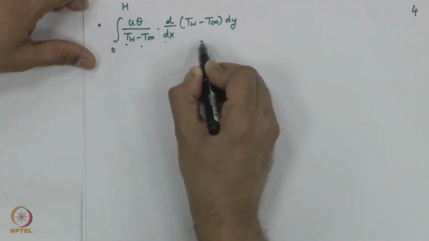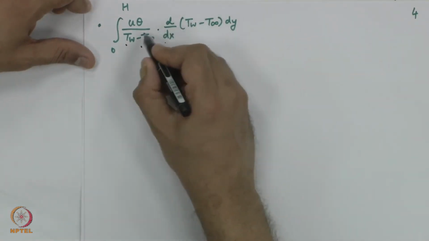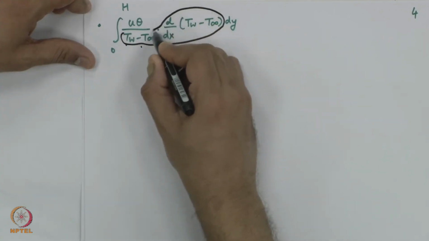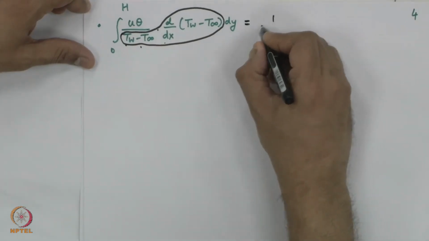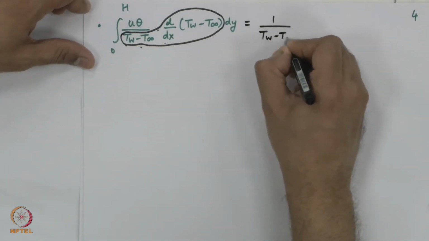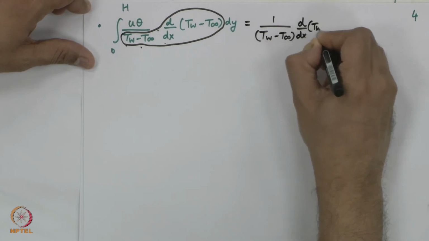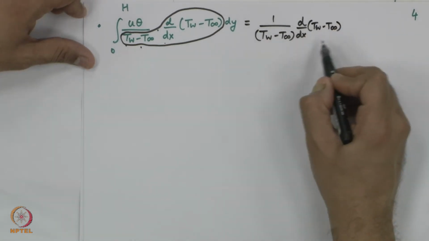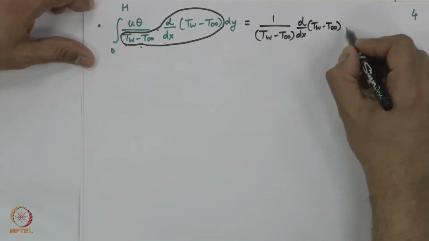D by dx of this quantity is also only a function of x. So, these things can directly come out of the integral. This can come out as 1 by t wall minus t infinity, d by dx of t wall minus t infinity. Is that right? At best, this is a function of x, so it can come out.